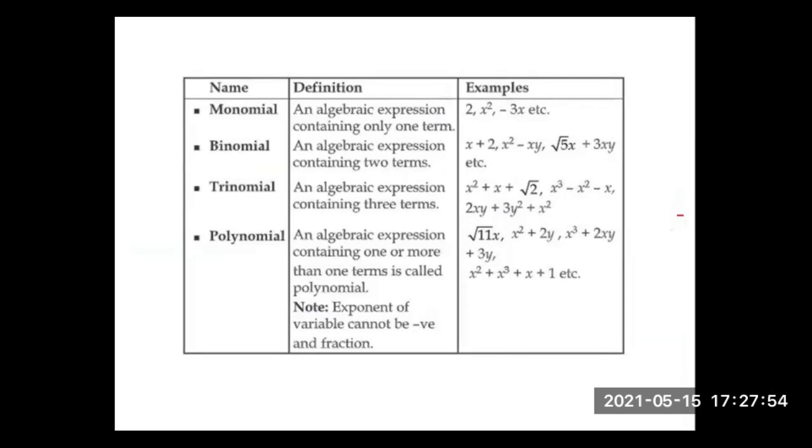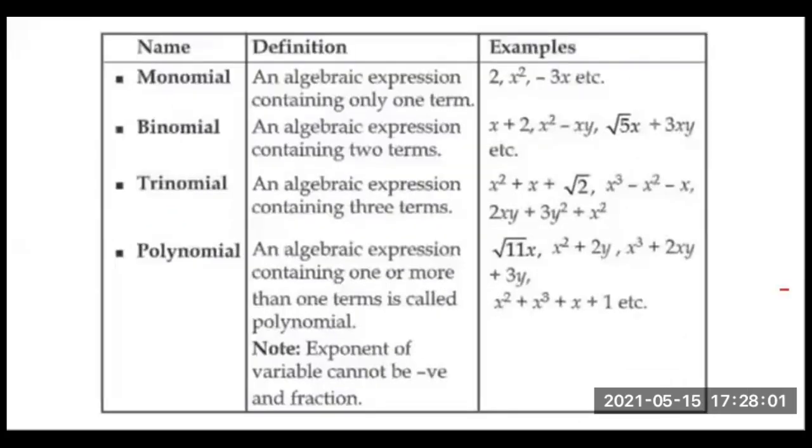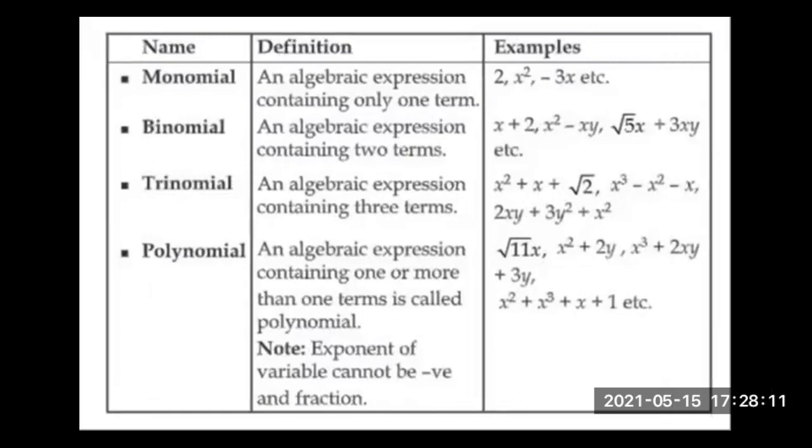Here we'll see the examples of monomial, binomial, trinomial, as well as polynomial. So let's see. First you can see monomial. In a monomial, we know any algebraic expression contains only one term.